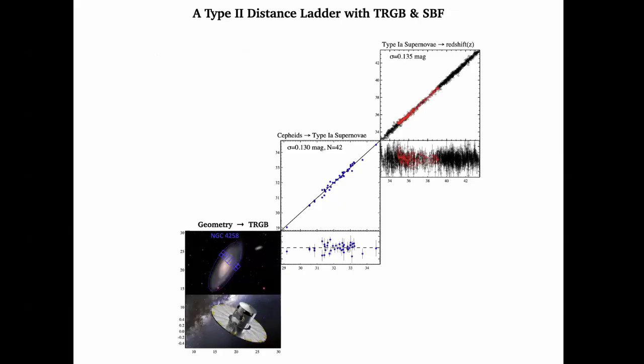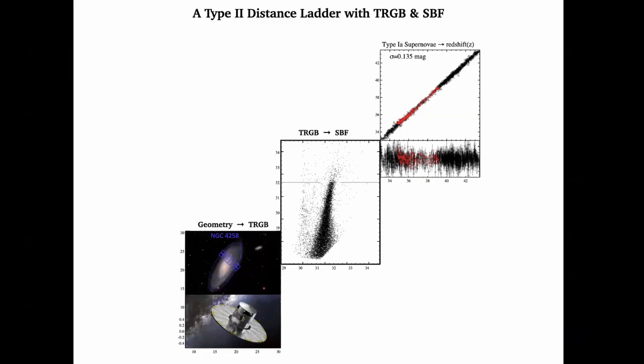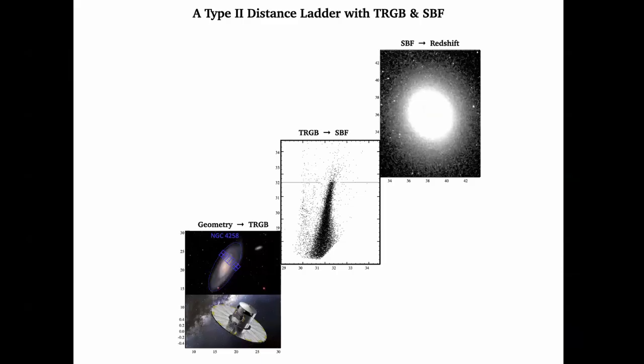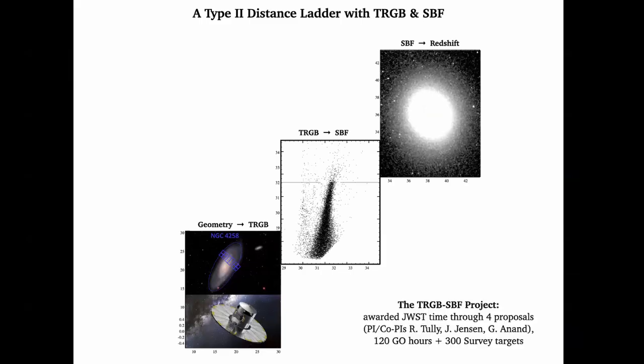And they're also using the maser host with its geometric distance to calibrate the tip of the red giant branch. And then this is what they use instead of Cepheids, and then surface brightness fluctuation to redshift on the last step to measure the Hubble constant.